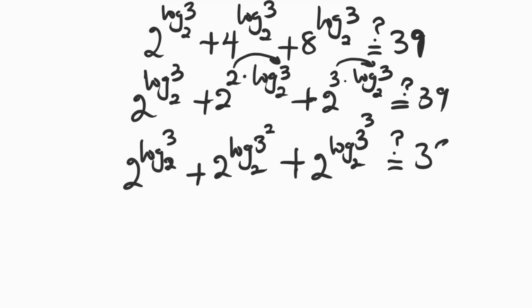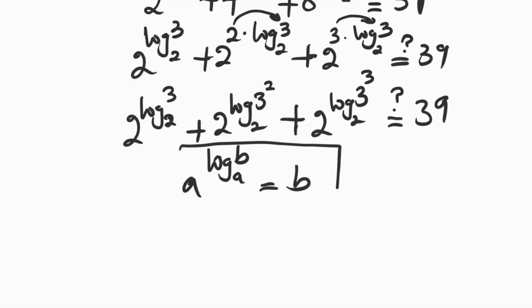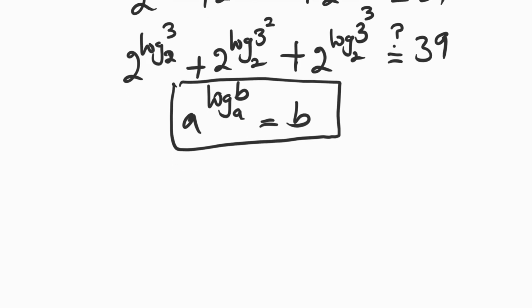And we're trying to find out if that's equal to what we have on the right hand side. Now, we know that a raised to the power log of b base a is equal to b. This is our standard logarithm formula. Now, let's implement this formula in our equation.